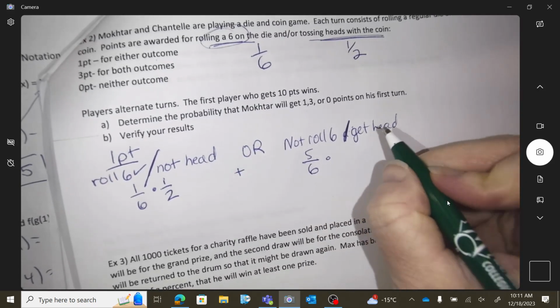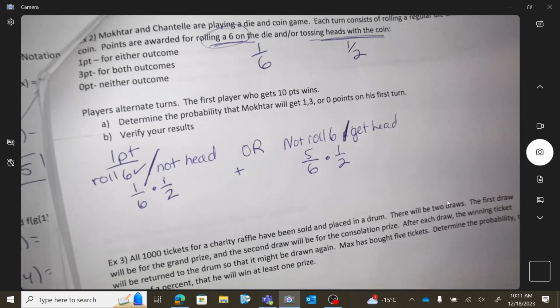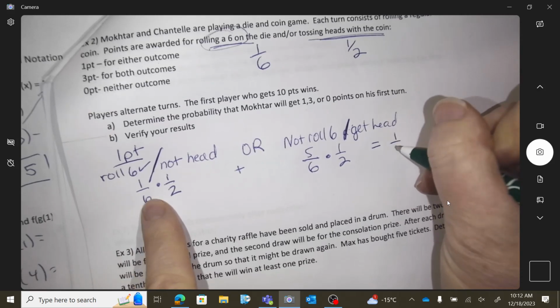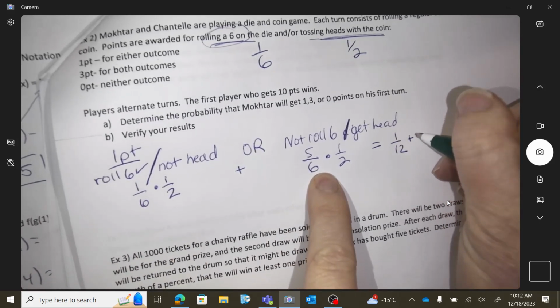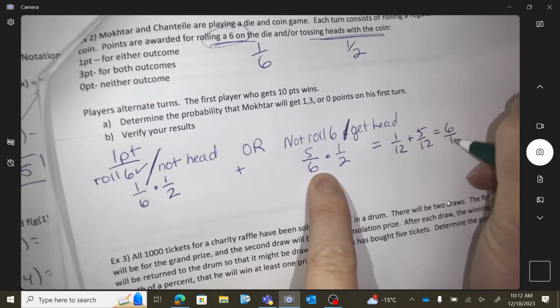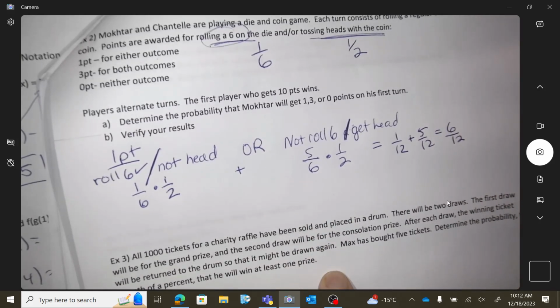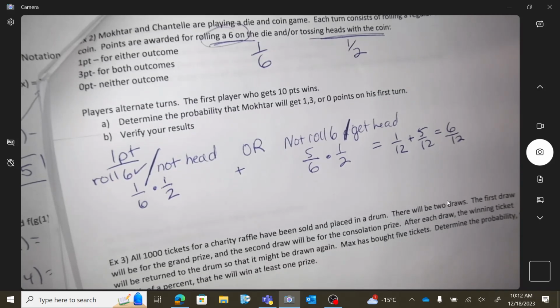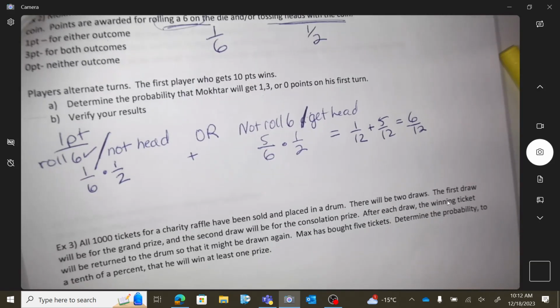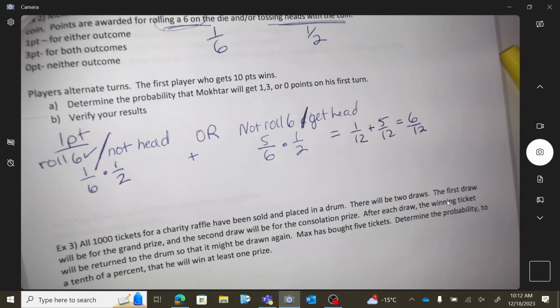And then what's the probability that you get that head? So this is 1/12. This is 5/12. So 6 out of 12 times, you're going to get one of those scenarios. And either or. One of them is happening with one of them not happening.